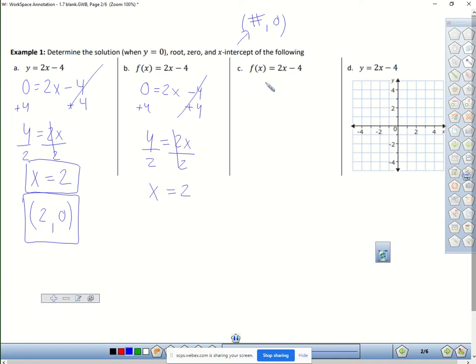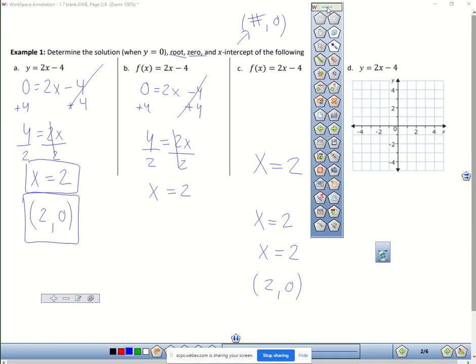And here we would also get x equals 2. So the idea here is that you're looking for a root, a 0, and then an x-intercept. We're going to write it in this form. So root: x is equal to 2; zero: x is equal to 2; and as an x-intercept, it's (2, 0).